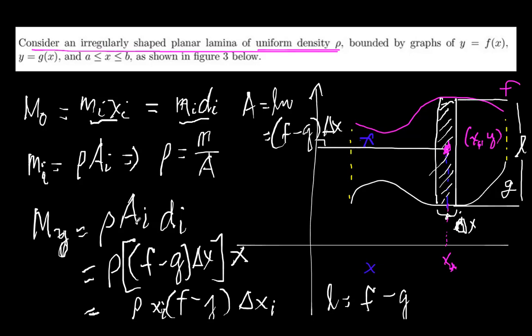However, we're going to add all of those moments for all of the rectangular representatives that we're going to construct in this lamina. And that's the time that we're going to use the concept of Riemann sum. So once we add them up, m sub y in reference to the y-axis, it's just an approximation.